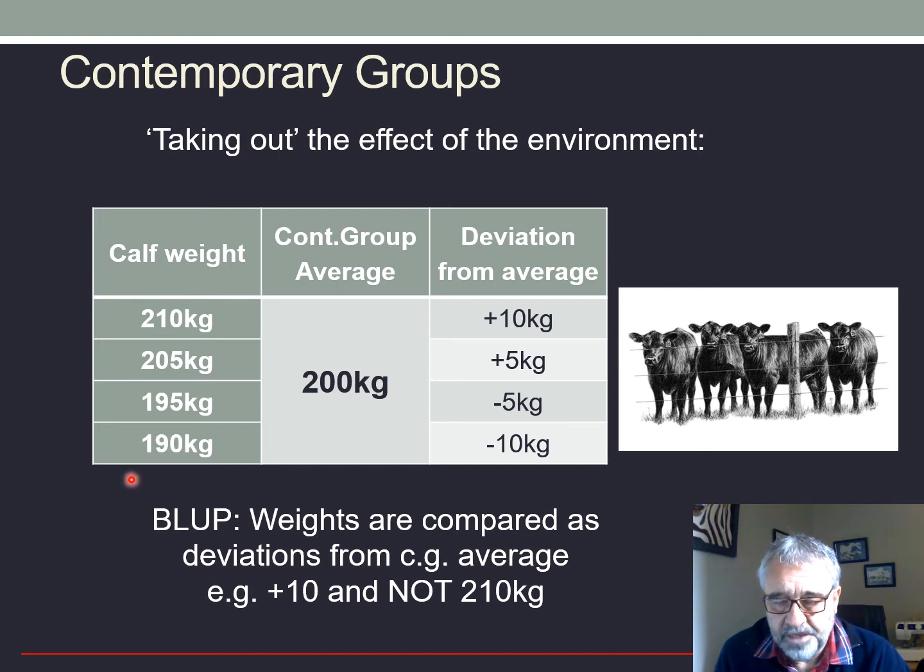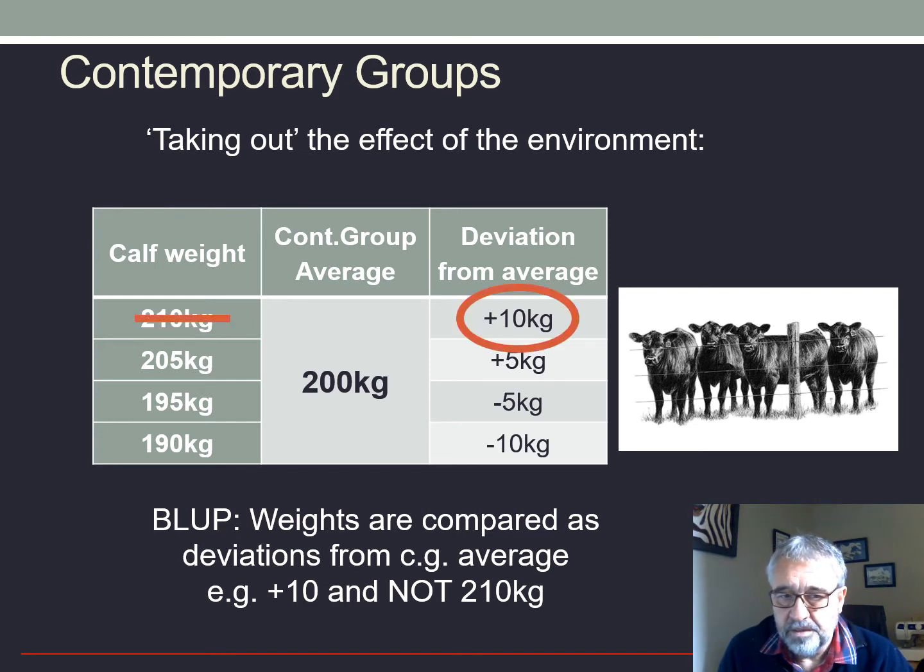What's really considered is the deviation from the average. So in the BLUP predictions, these deviations are used and not the actual weight. In terms of the heaviest calf in this instance, he was 10 kilograms heavier than the average, and the lightest calf was 10 kilograms lighter than the average.